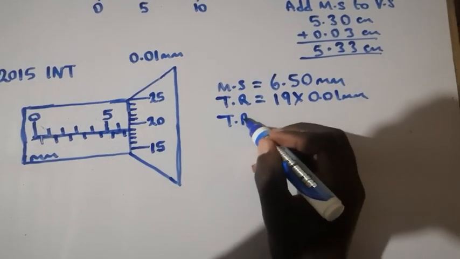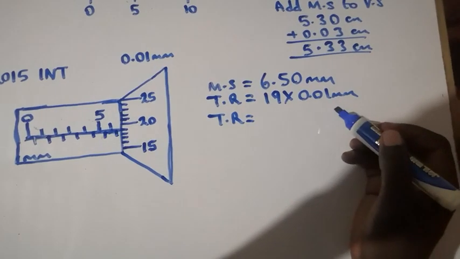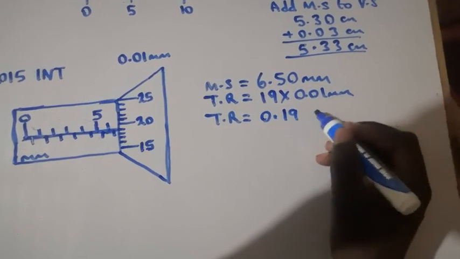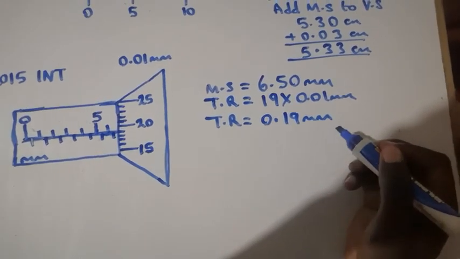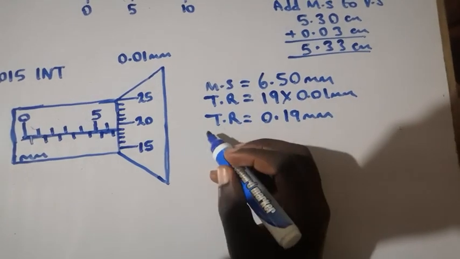So our thimble reading is going to be 19 times 0.01, which is 0.19 millimeters. So now we have the main scale reading and the thimble reading.